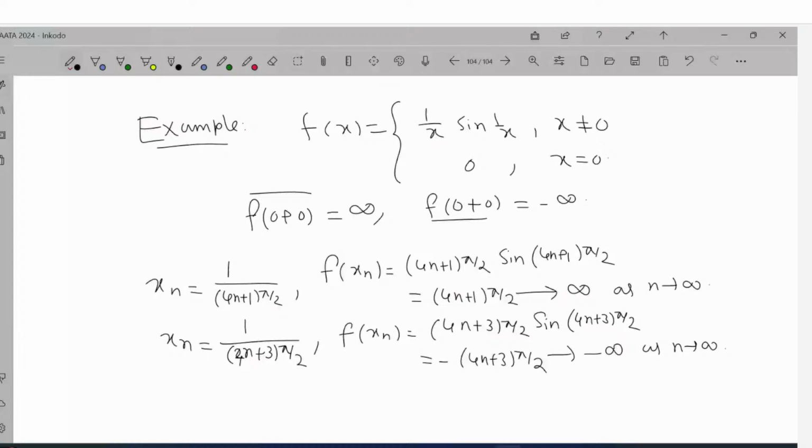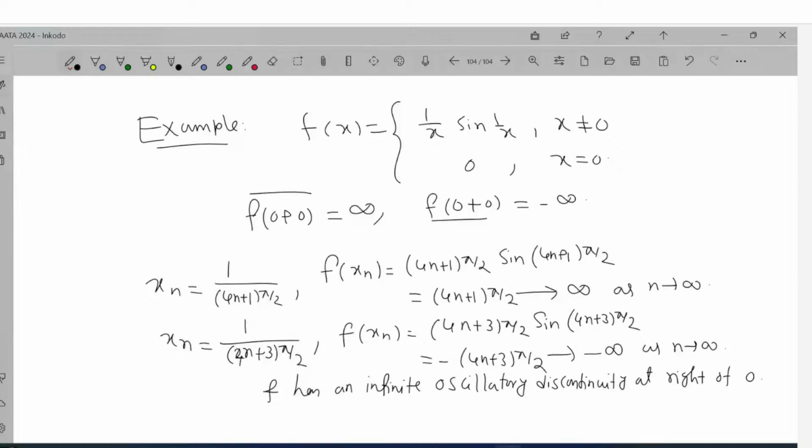So at the point 0, what type of discontinuity do we have for this function? It's an infinite oscillatory discontinuity at right of c. So f has an infinite oscillatory discontinuity at right of 0. c is 0 in this case.